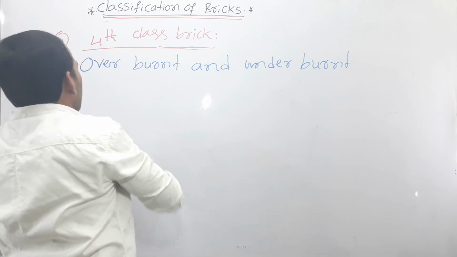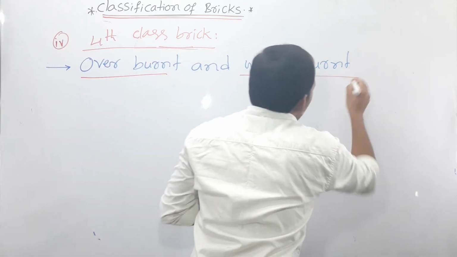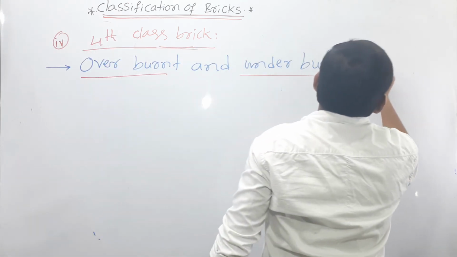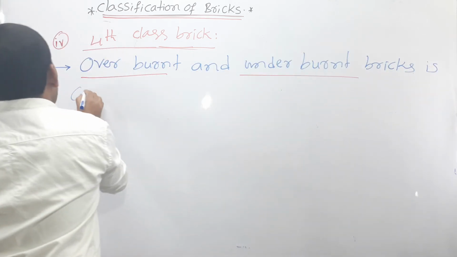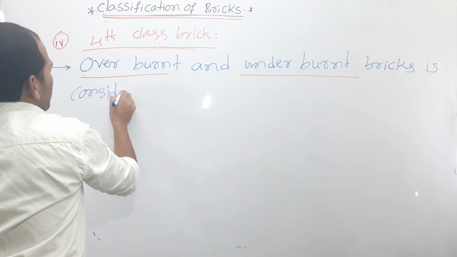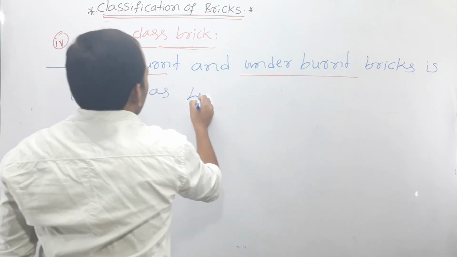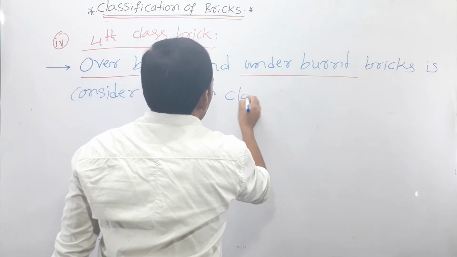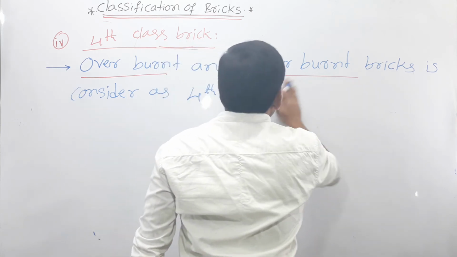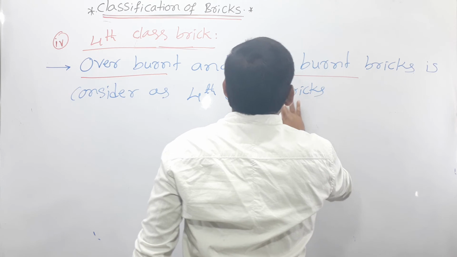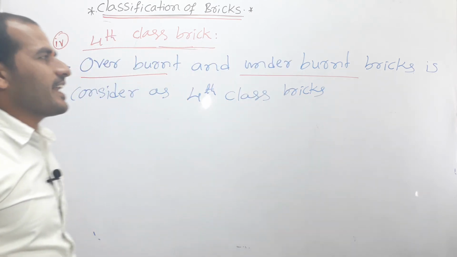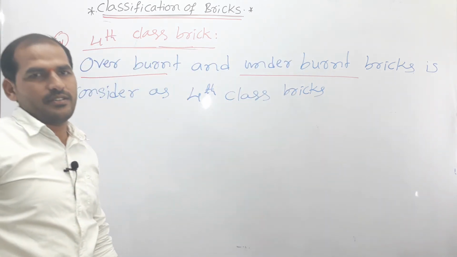Overburnt and underburnt bricks are considered as fourth class bricks.